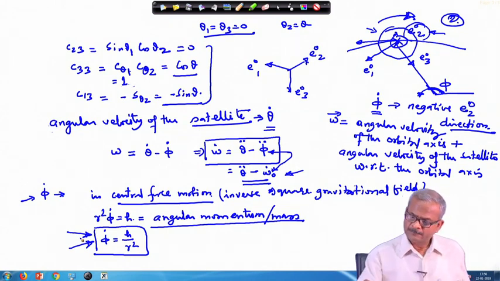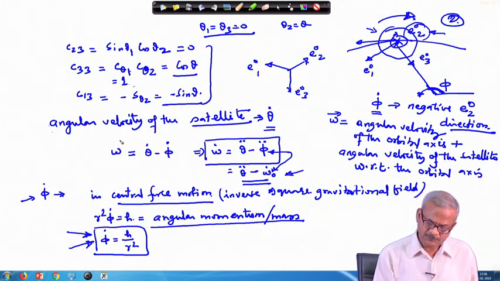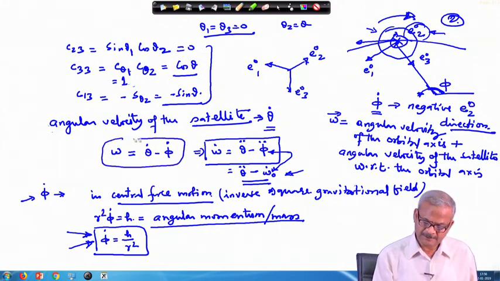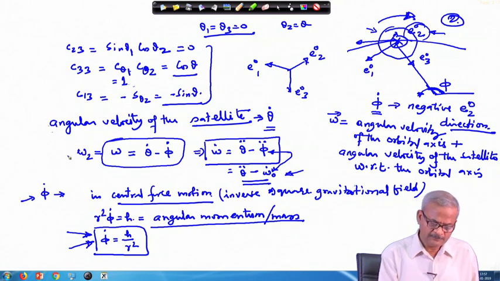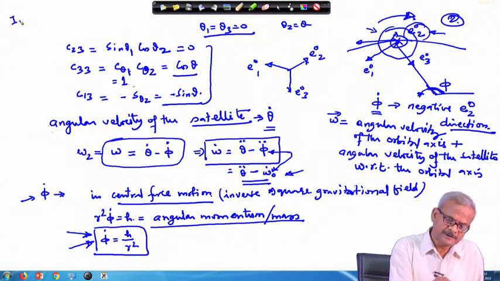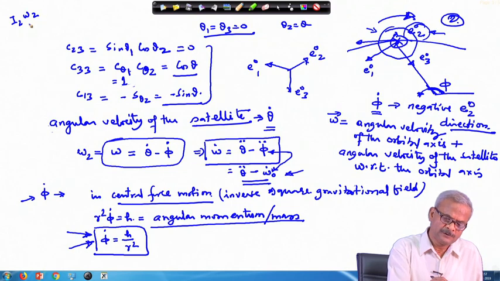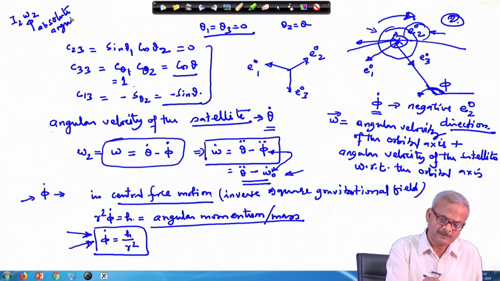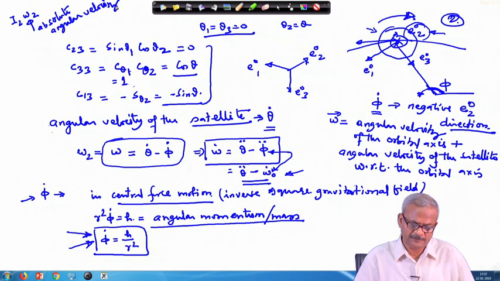What I wanted to say is that the angular velocity of the satellite, omega 2, is the absolute angular velocity.